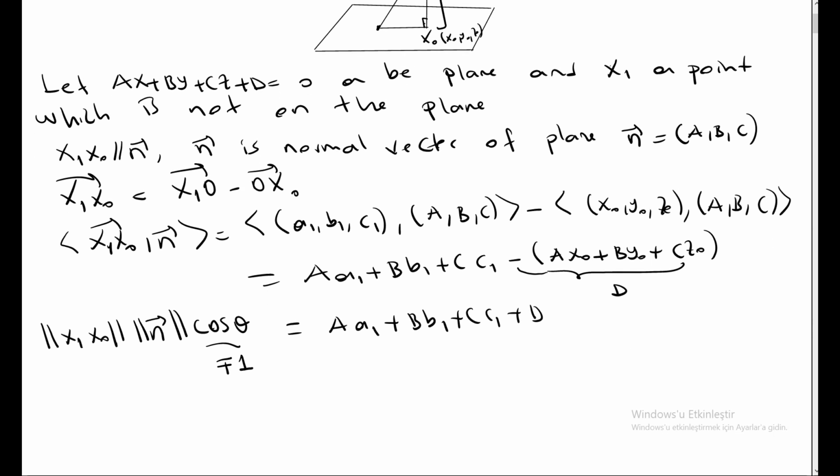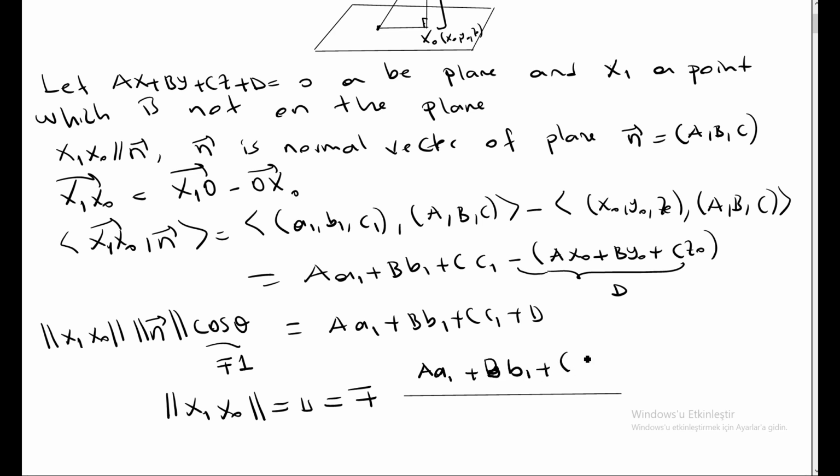That's why x1 x sub 0, this is u, the distance, is negative or positive the top, a times a1, b times b1, c times c1 plus d, over the length of n, square root of a square, b square, plus c square.